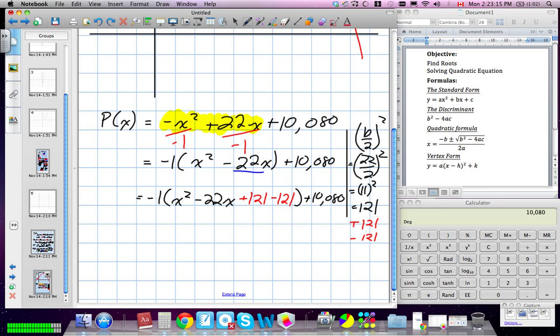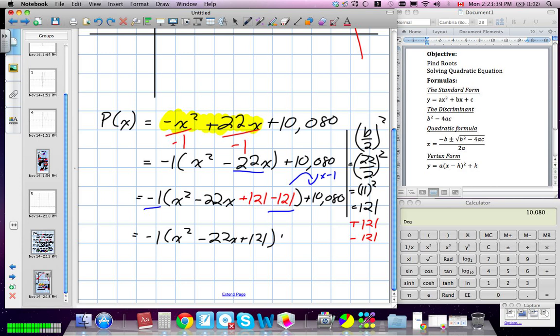I want to take the negative term that I put inside the brackets outside. And in order to do that, I have to multiply by the common number, which is negative 1 when I take it outside. So our next bracket reads negative 1 x squared minus 22x plus 121. When this goes outside, we multiply by negative 1, so we get positive 121 plus 10,080.